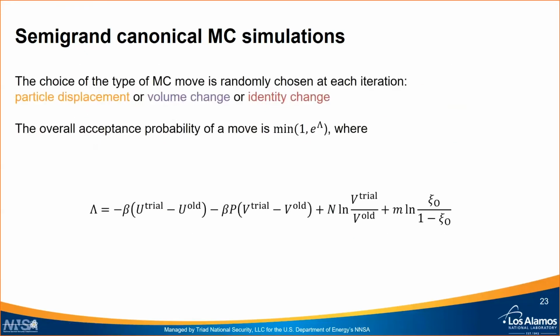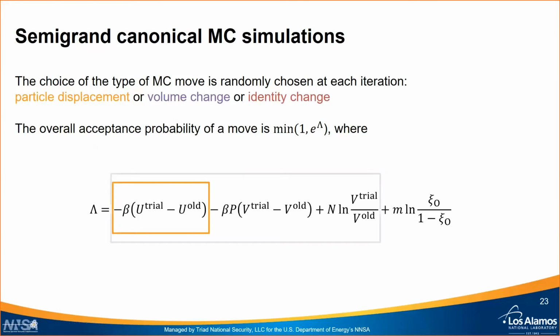In more detail, the way it works during the simulation is that at each iteration, it's a random choice whether we're doing a particle displacement, a volume change, or an identity change. And the probability that any of those moves is accepted is given by this function here. So if we do a particle displacement, we only look at the energy. We want to minimize the energy.